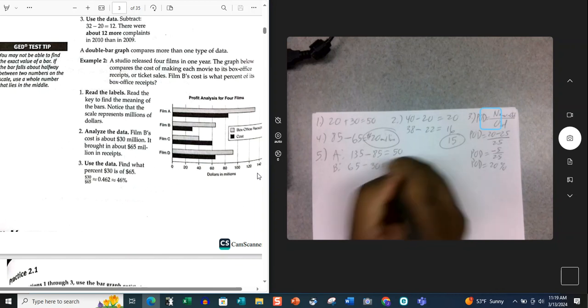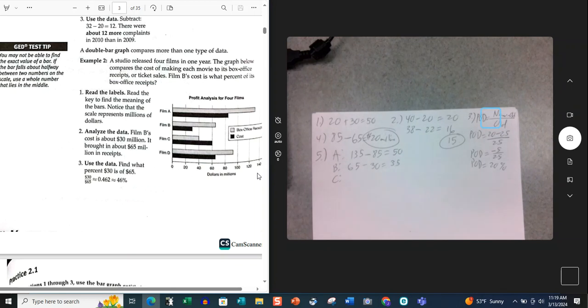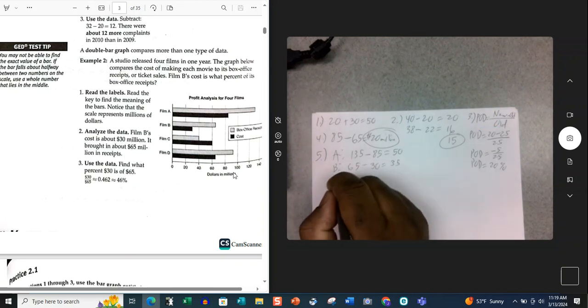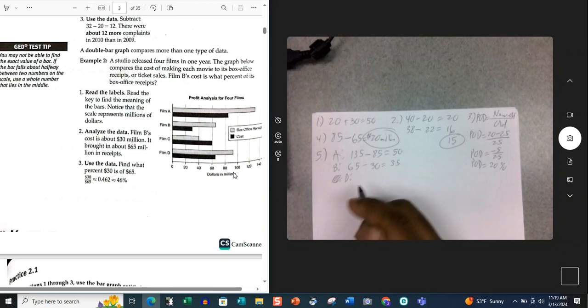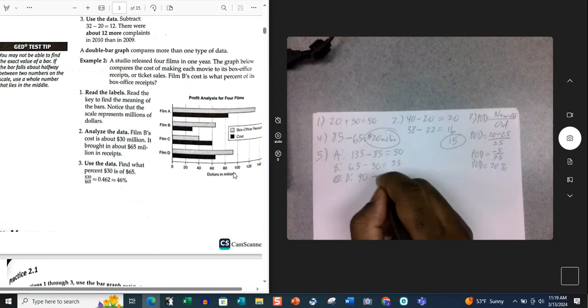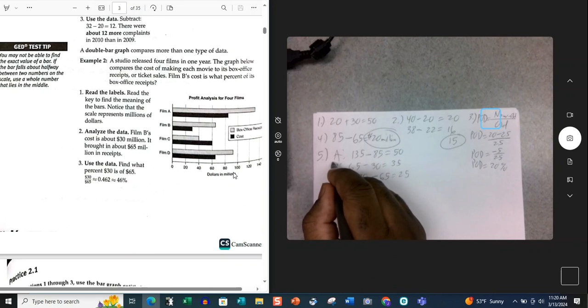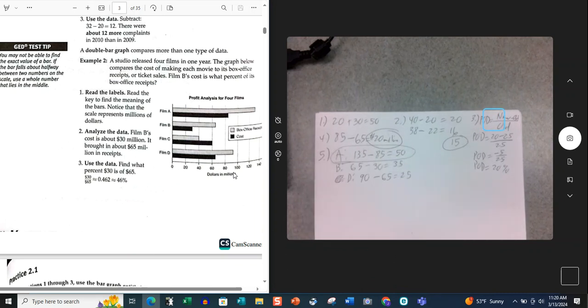So this would be 35. Now we go to C. C we don't even really need to do, because our receipts are smaller than what the cost was. So they took a loss for film C. So we don't have to worry about that. So we go to film D. Film D had about 90 for the receipts minus 65. 90 minus 65 is 25. So our answer here would be A.